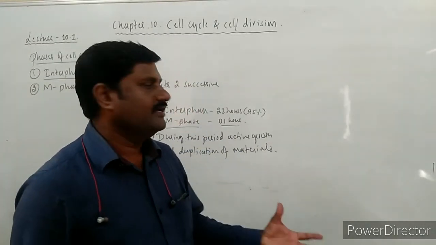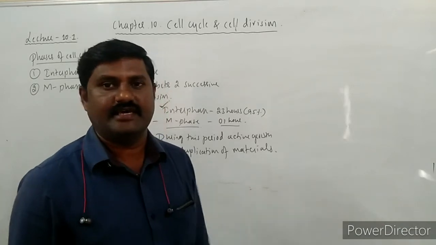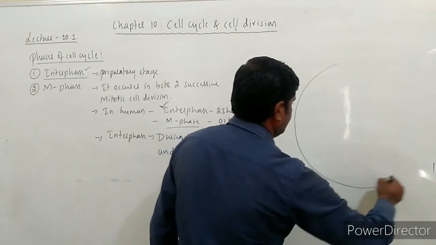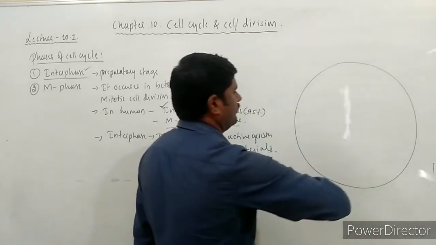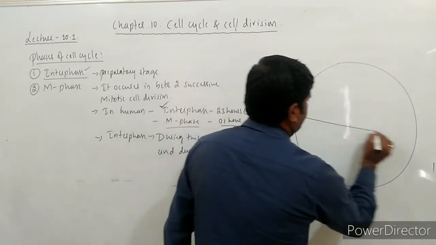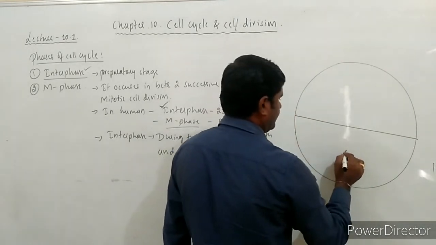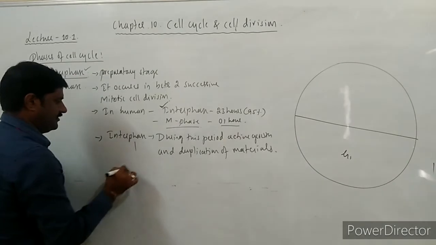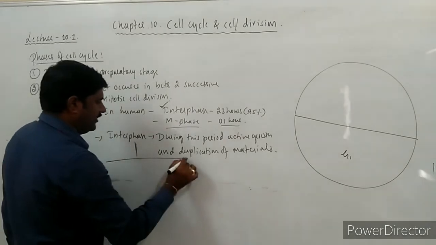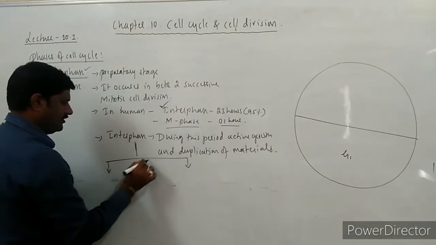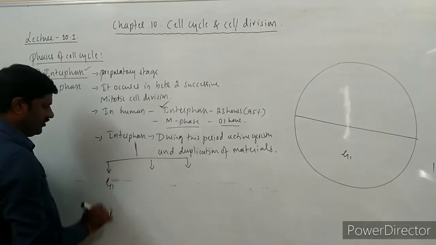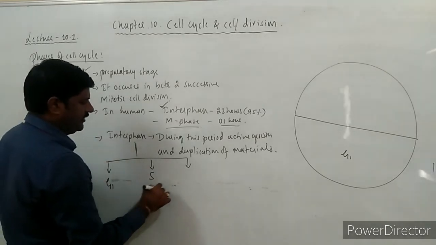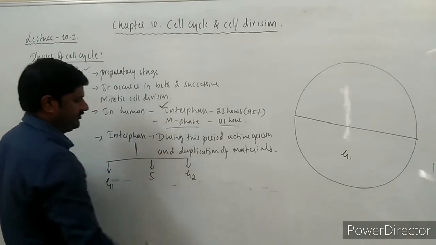So let us see diagrammatically how this cell cycle is. This is how we are going to show the cell cycle over here. This interphase is divided into three phases: gap 1 phase, G1 phase, S phase, and G2 phase.